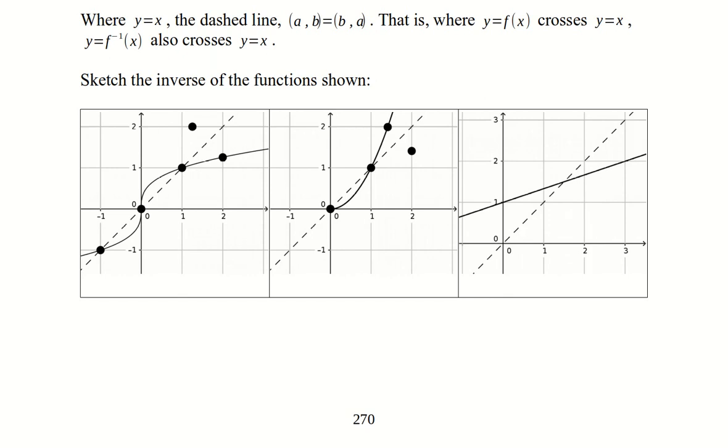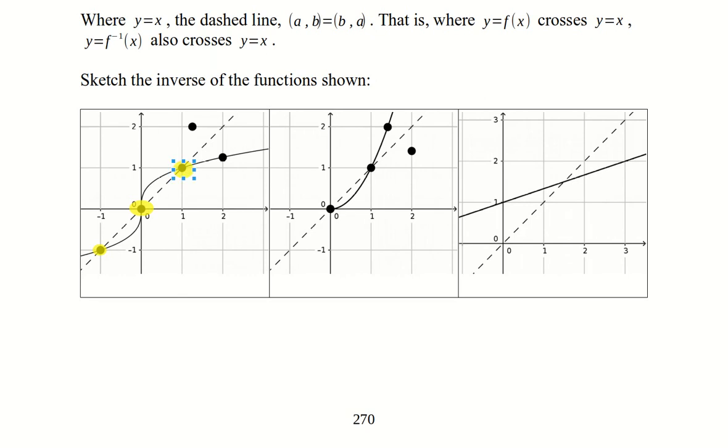Notice that we have 3 functions drawn, and we've got some points picked out. So for this first function, there's 3 points where the function crosses the diagonal, the main diagonal y equals x. And at those 3 places, the function is equal to its inverse.